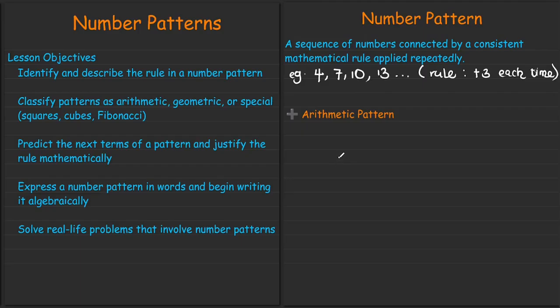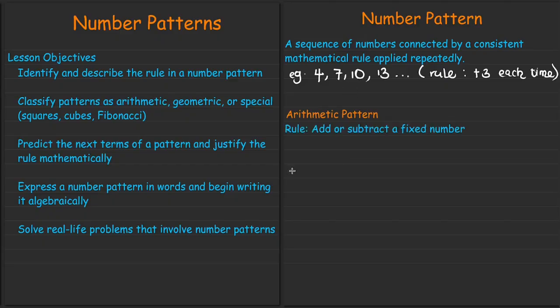It is very simple. It has a simple rule, and its rule is add or subtract a fixed number. Add or subtract a fixed number. That is all. Whenever we are adding or subtracting a fixed number to a pattern, then that type of pattern is an arithmetic pattern.